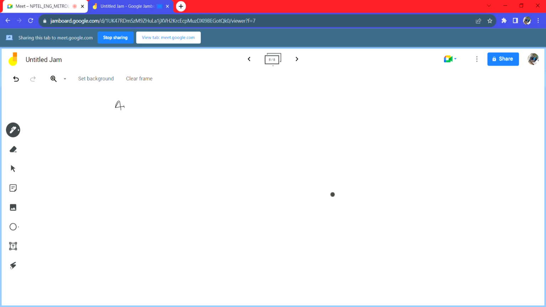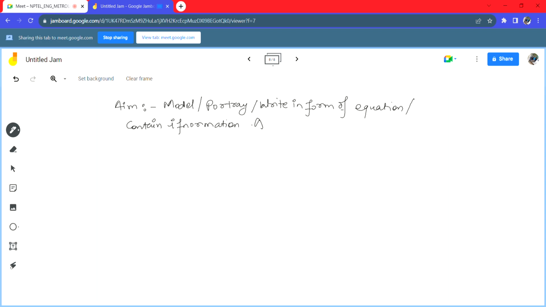Our aim here is to model, or portray, or write in the form of equations, or contain information about a parameter accurately.